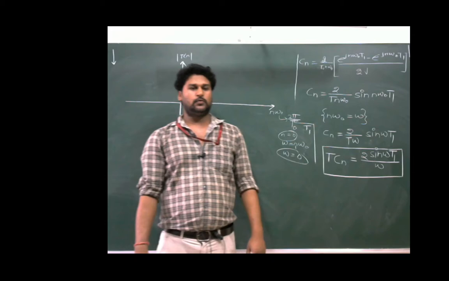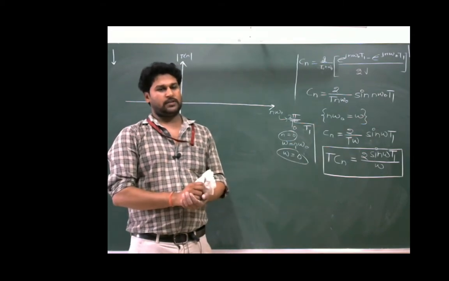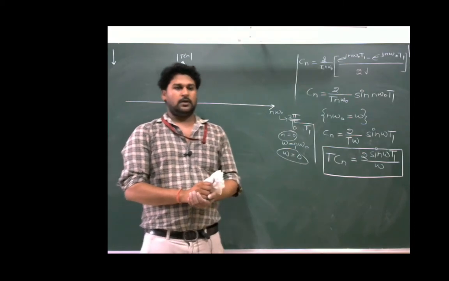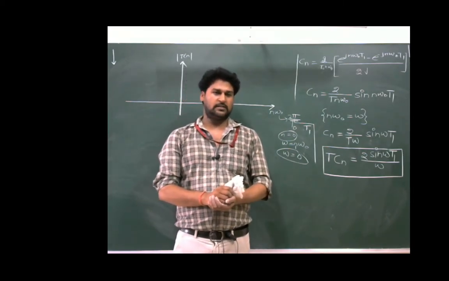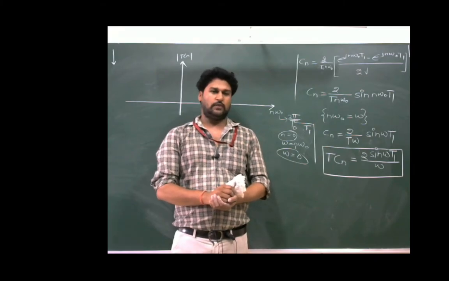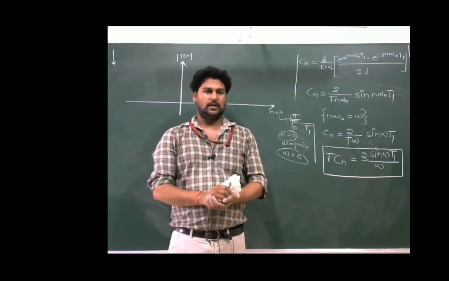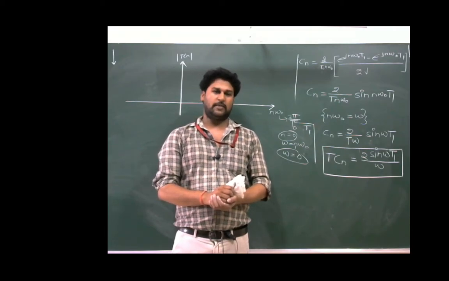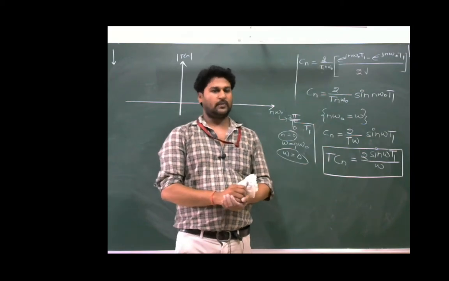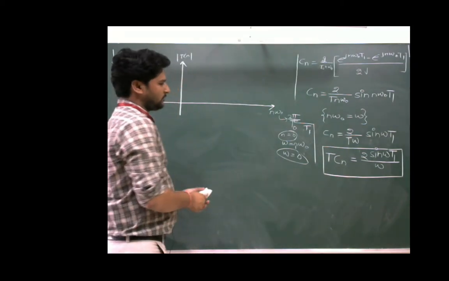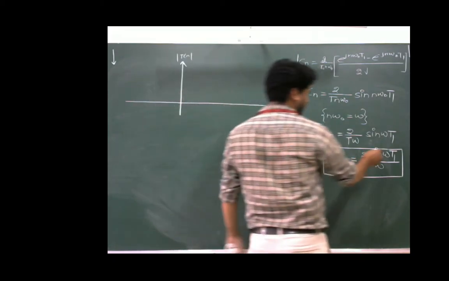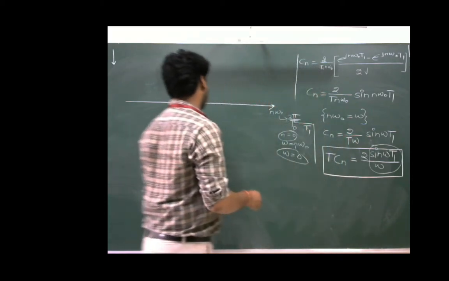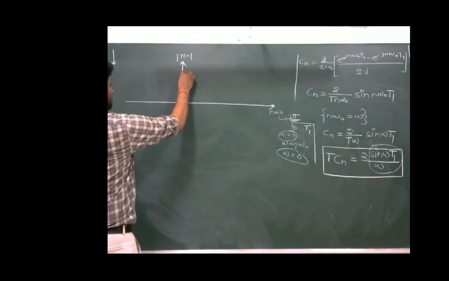This will become 2 sine 0 upon 0. And what will be the value of sine 0 upon 0? This is not infinite, this is not 0, this is equal to 1. You can check it by applying L'Hospital's rule and applying the limit omega tends to 0. It means that the value of this function at n equal to 0, at omega equal to 0, will be equal to 2.